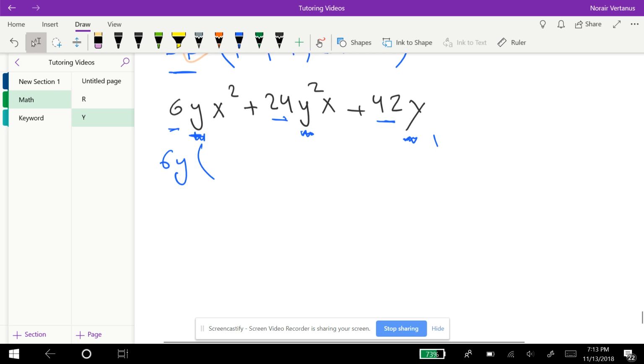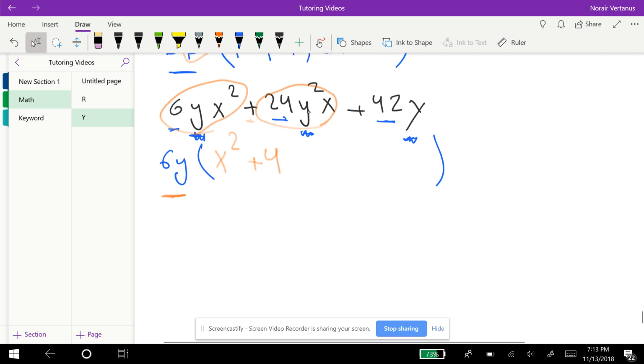So open parentheses and then 6y. Now, this one divided by this one: 6 divided by 6 is 1, y divided by y is 1. So what's left? X squared. Now this one divided by this again: 24 divided by 6 is 4, and it's positive, so it's plus 4.